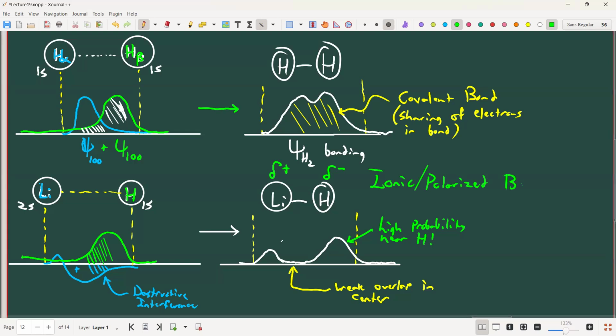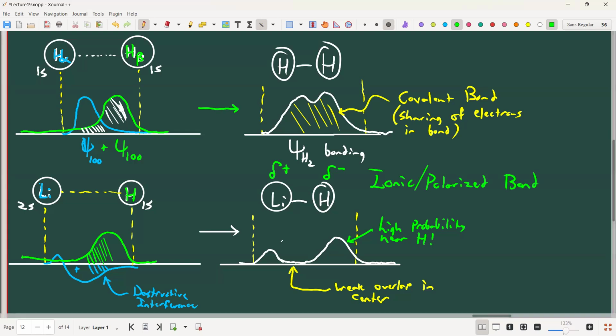And one of the reasons why lithium hydride is such a reactive molecule, lithium hydride is used as a base, the H- is a hydride base, is because the covalent wave function for lithium hydride is polarized towards the H atom. Most of the electrons sit on the H, so that H has a very strong negative charge.